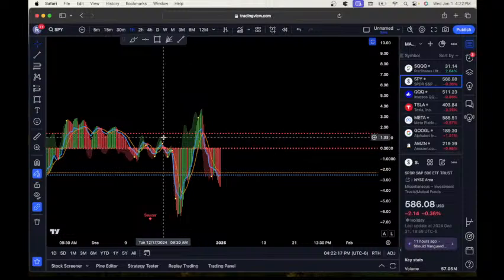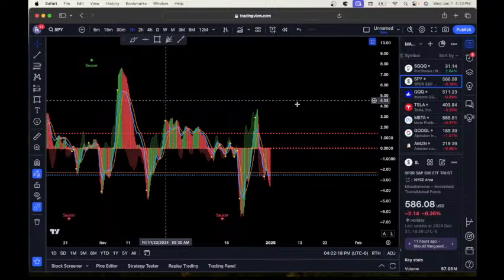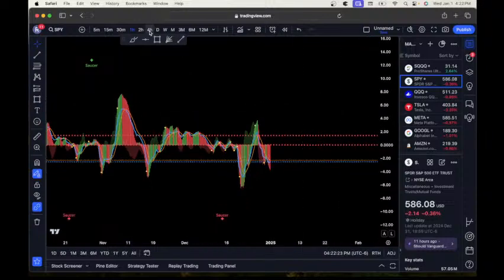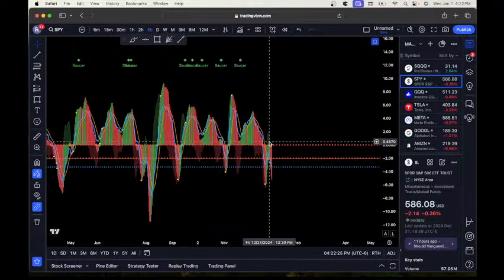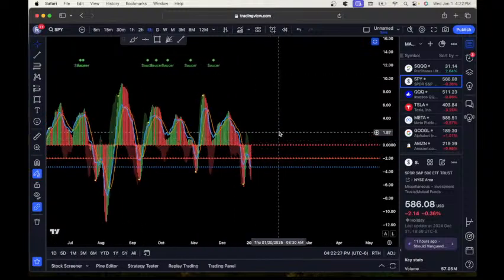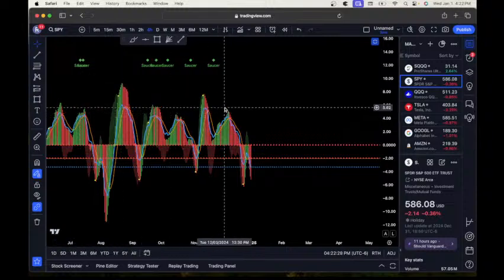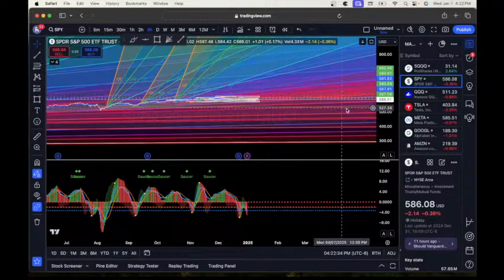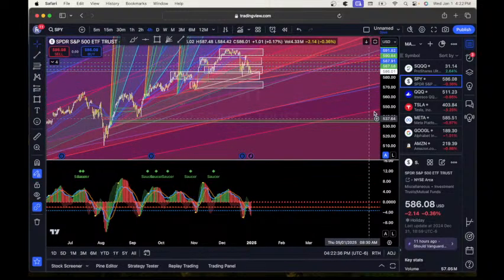So you have to use all of these different indicators. If you do use them, you have to use them in confluence, and they're supposed to help you make a decision based off of what you already see. So I'll check this to see which direction this is headed, and then I'll judge based off the price action too.